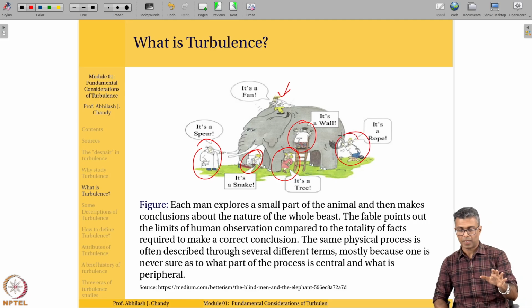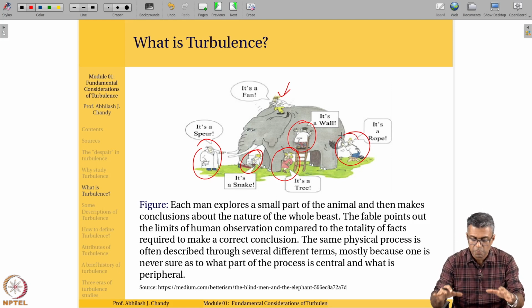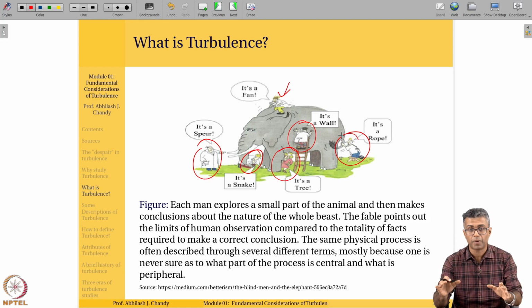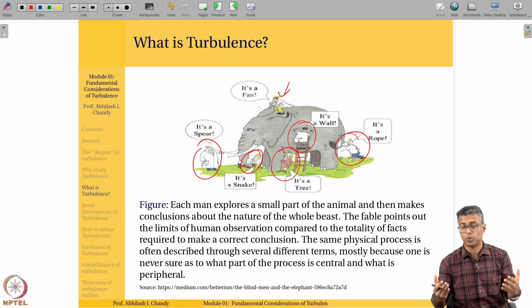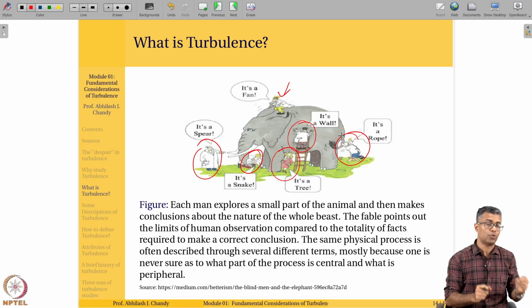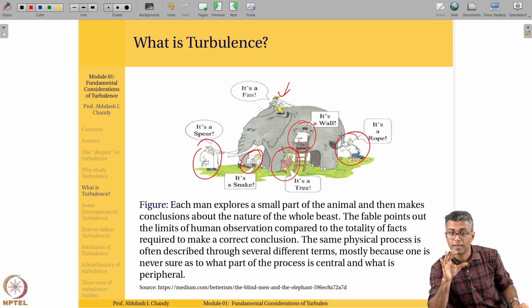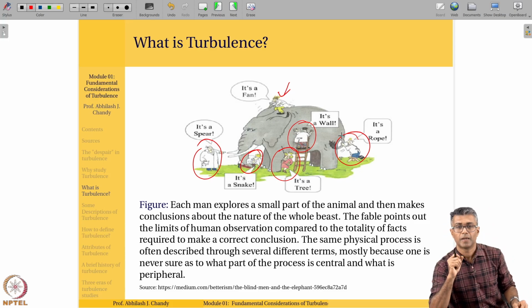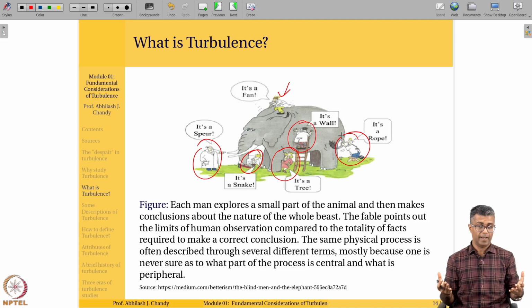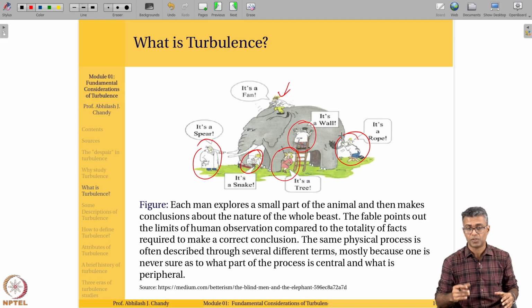So there are a couple of things that I want to show here. Okay? Now, philosophically, these 6 people are looking at different parts of the elephant and making their own assumptions. They actually don't know what it is, and they are making their own assumptions about the animal. Turbulence could be like that. In fact, you will see that there are multiple interpretations of how one defines turbulence. I'll go over that.